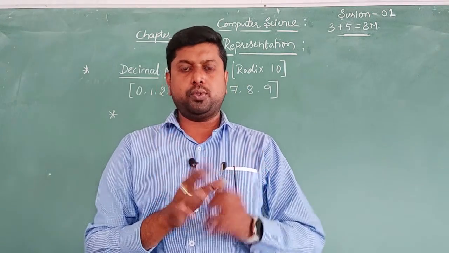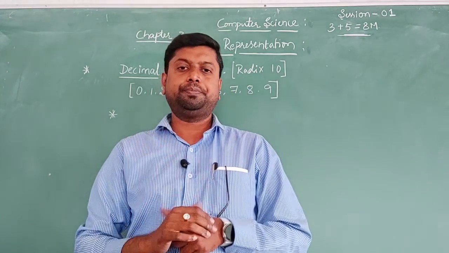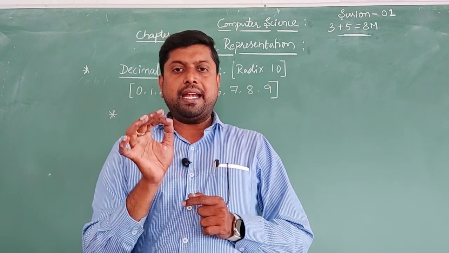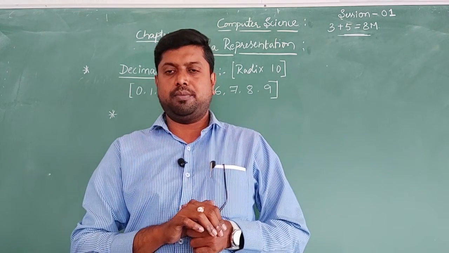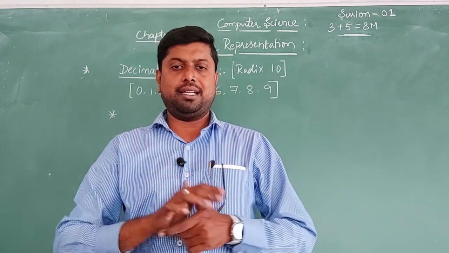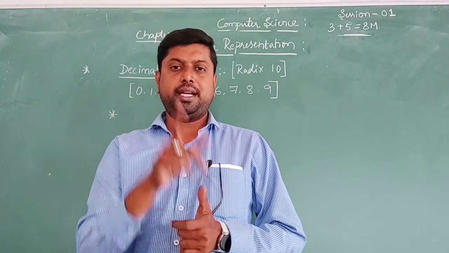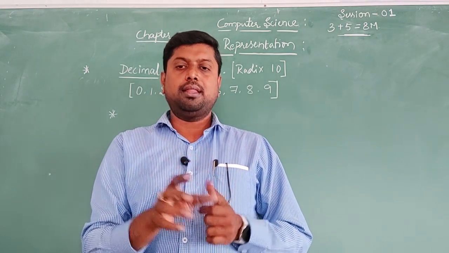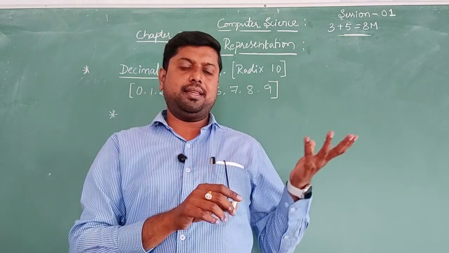Usually you have heard this word decimal. What is decimal? What is the weightage of this type of numbering system? What numbers will we get in the decimal numbering system? Dear students, in the decimal numbering system, the radix is 10, or the base is 10.